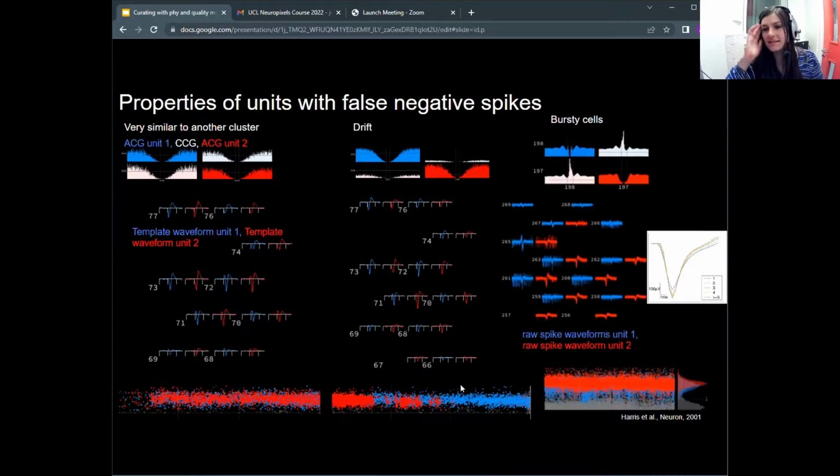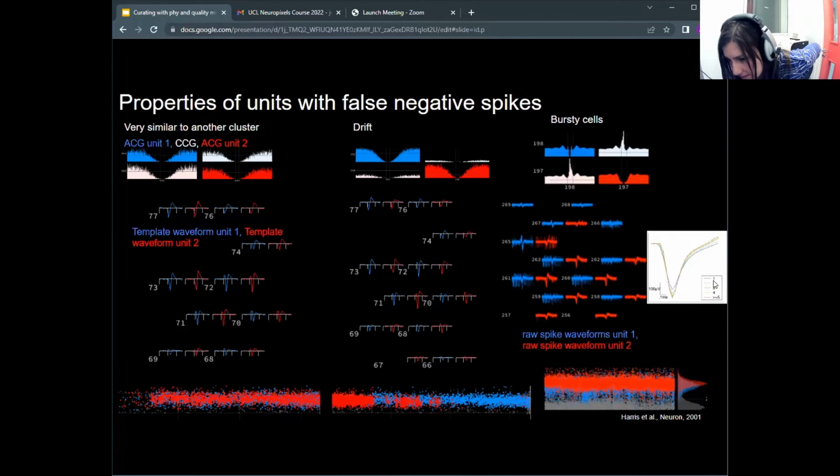And finally, the last thing you would really want to look for here are cells that are bursty. So bursty cells fire in bursts. And here is plotted this neuron's waveform.